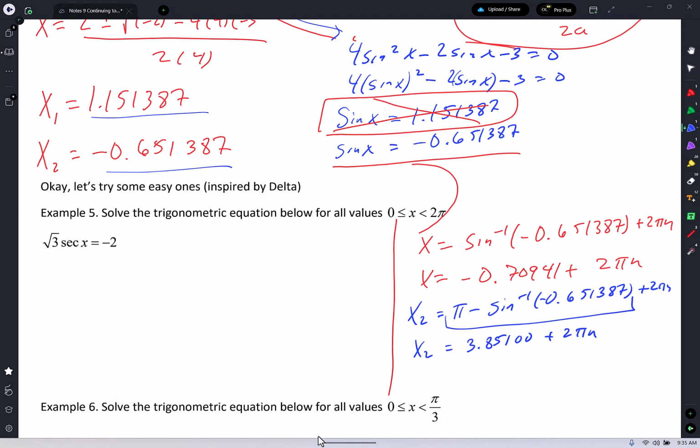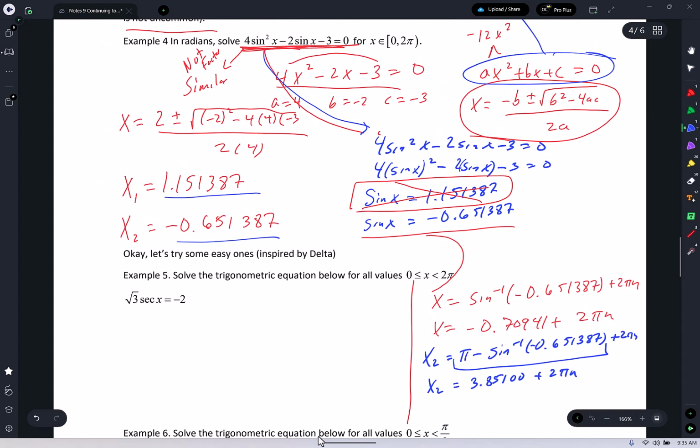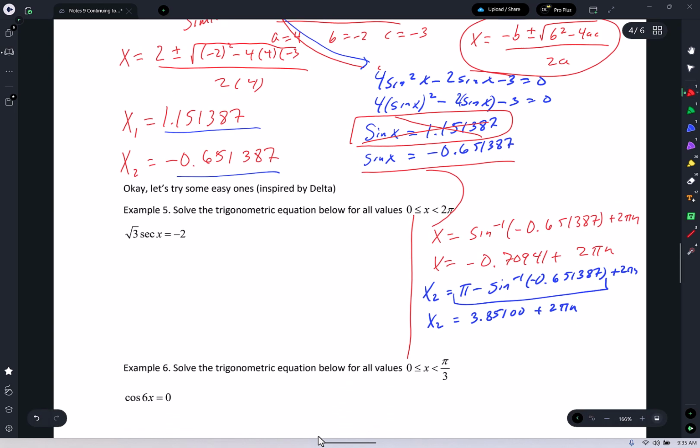We are so close. Guys, we just need the answers between what and what? Between 0 and 2 pi. X equals, my first answer can't be the negative one, so this has to be my first one: 3.85100. My next answer, I take this negative and add 2 pi.